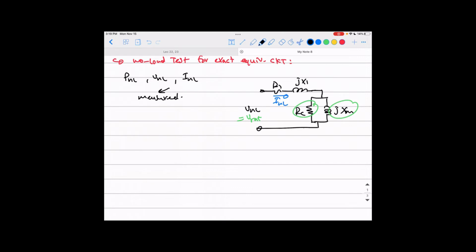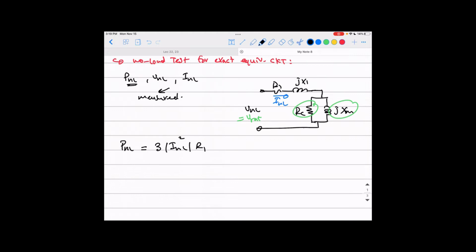Say what this power, which you have just measured here, will represent. That is the active power, guys, so it's going to the resistances. The power going to the resistance, the only resistance here being R1, is 3 I no load squared R1. And I don't need to remind you that everything here is in magnitudes.